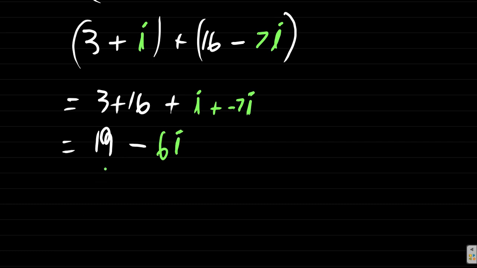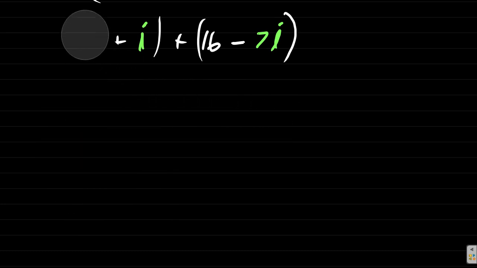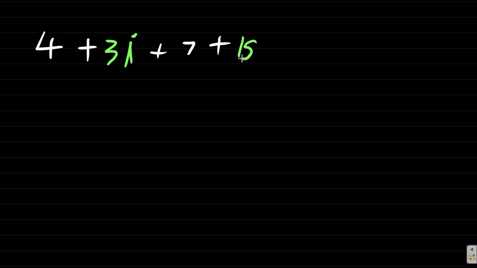Let's do another example. Suppose we have right now 4 plus 3i plus 7 plus 15i.